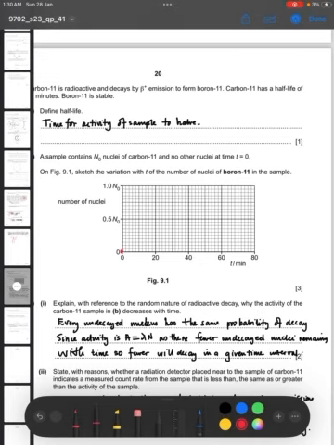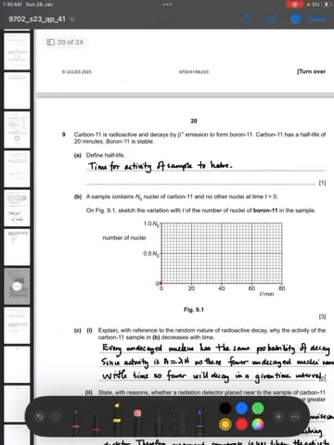We are given that the half-life of carbon-11 is 20 minutes. So in 20 minutes we expect half of the carbon-11 to have decayed.